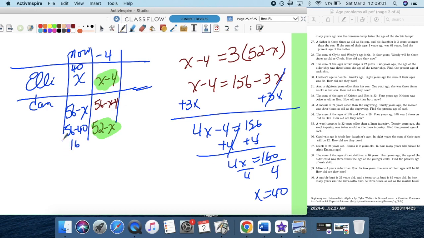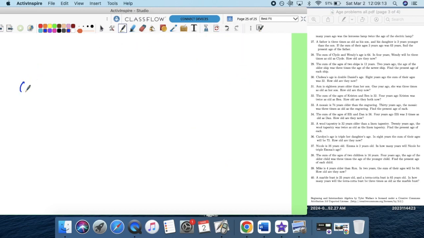Okay. Yes, and these are the exact same numbers from a prior problem. 38. We got two children. I'm going to call it child A, child B. The sum of their ages is 16.